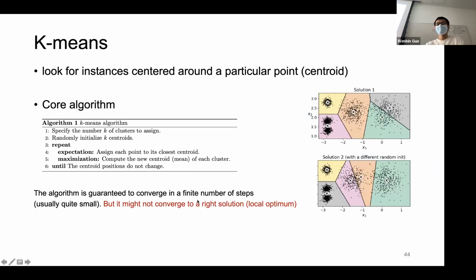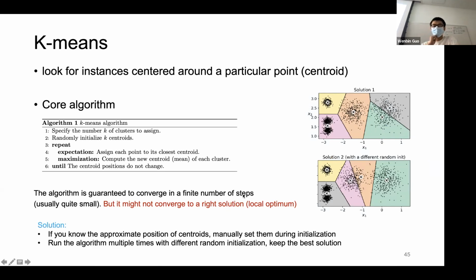But there is a problem: although k-means can converge to a solution in a finite number of steps, it is not guaranteed to converge to a good solution. This is also called a local optimum. To fix this issue, you can run the algorithm several times, each time with a different initialization, and then keep the best solution.